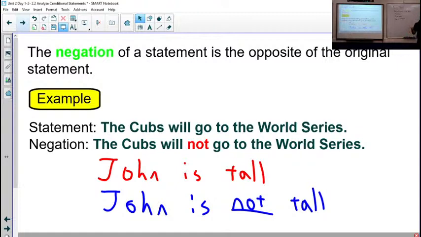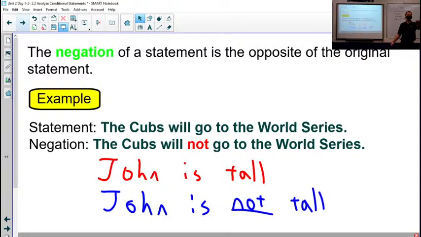So the opposite of tall is not tall. The opposite of up is not up. The opposite of a team winning is a team not winning.